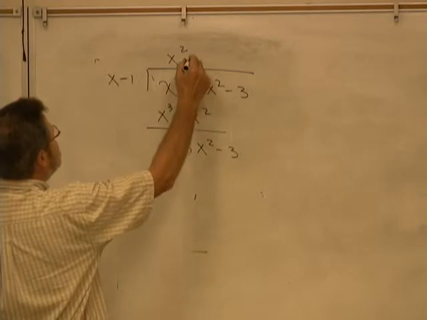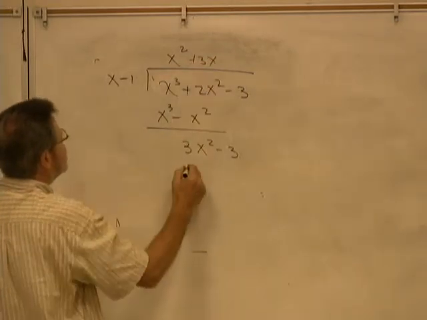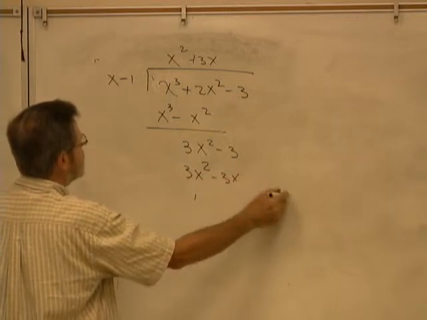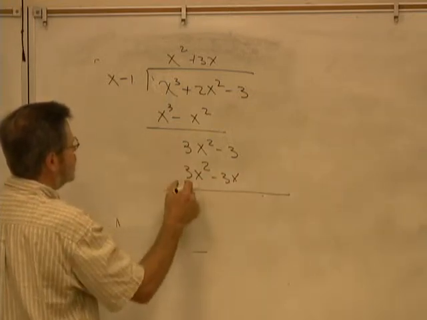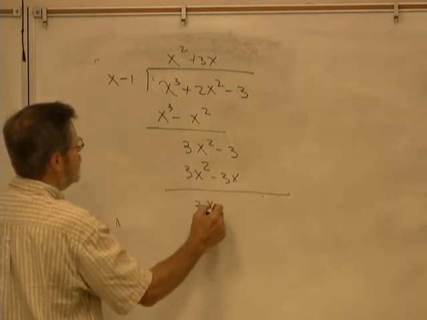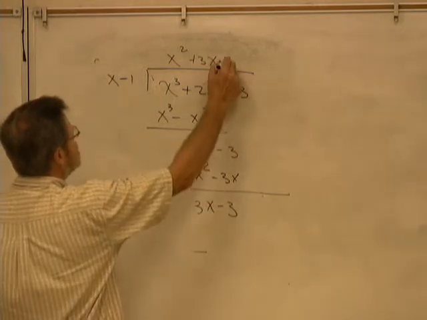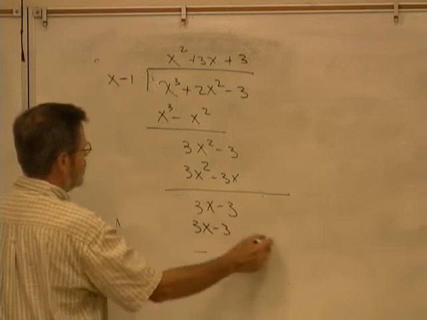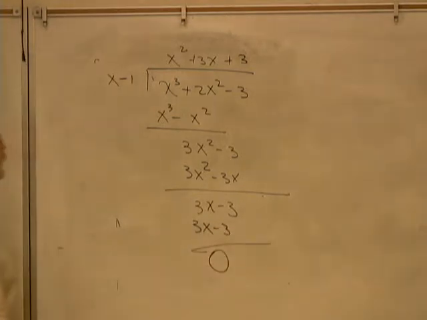And multiplying by plus 3x squared minus 3x. Change the sign and subtract, these terms come out. So this is 3x minus 3, and it's plus 3, which becomes 3x minus 3. We get a remainder of 0, which we knew was going to happen because f of 1 equals 0.